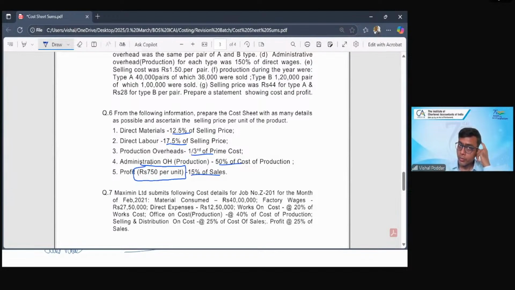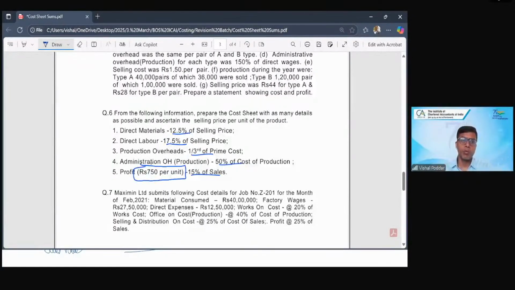Now, when you read the sum for the first time, it appears to be a plain vanilla sum. But once you take it up for solving, you see the challenge. The challenge is, as I said, that all are percentages. You cannot prepare a cost sheet with percentages because that will not be correct, since the percentages are linked to different bases.